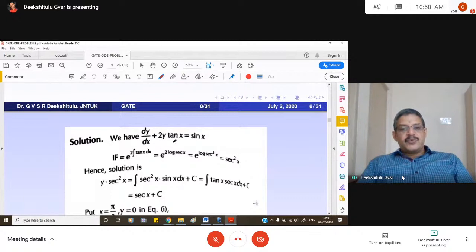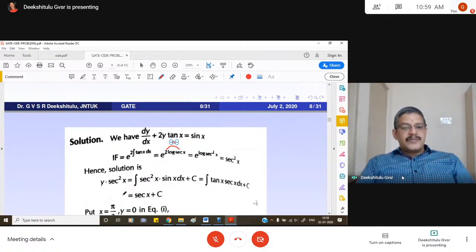Here p of x is 2 tan x. So integrating factor is e power integral 2 tan x dx. Integral of tan x is log secant x, so this 2 can be taken like this. So e power log secant square x, or integrating factor is secant square x.